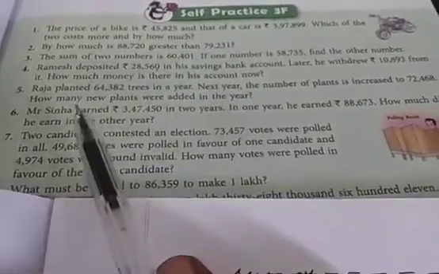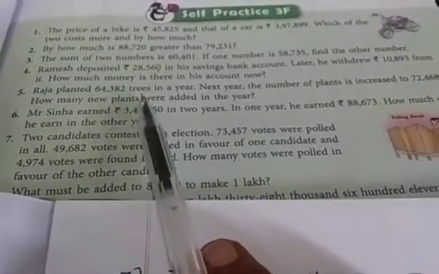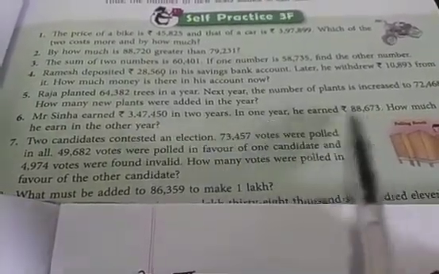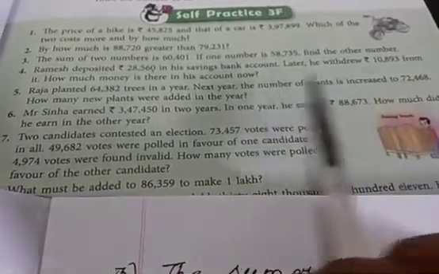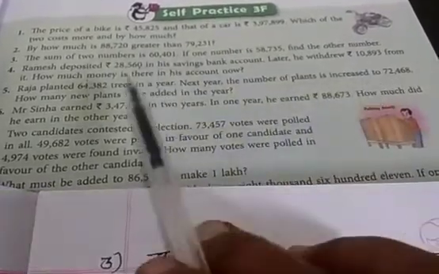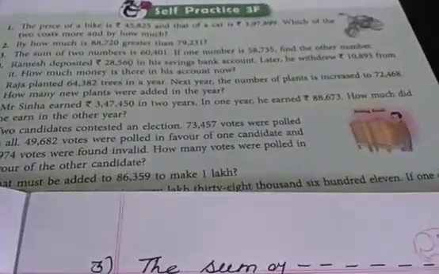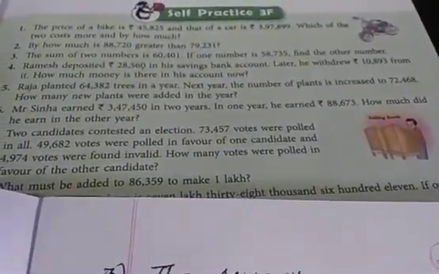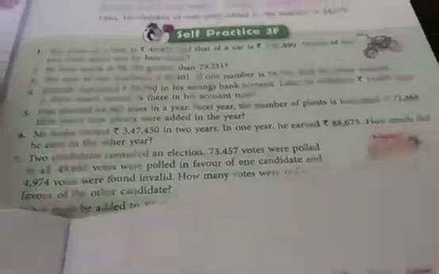See, in the first year he planted 64,382 trees, okay, and in the next year he planted 72,468. And to find the more trees he has planted, we have to subtract the 64,382 from 72,486. Then only we can find the number of more plants.